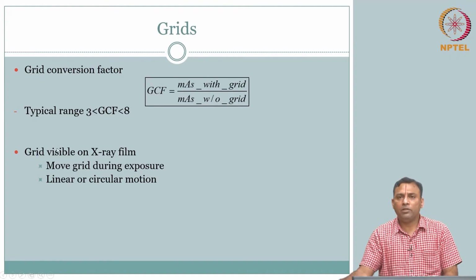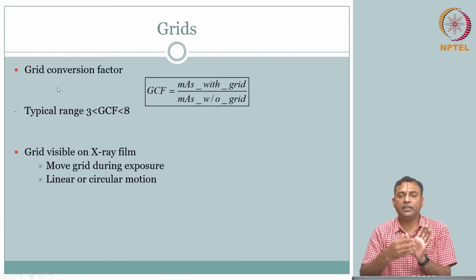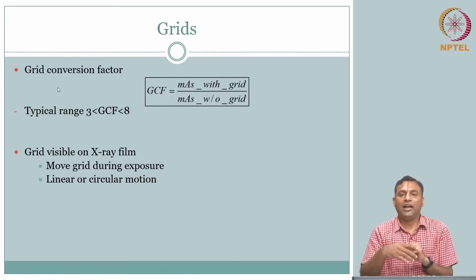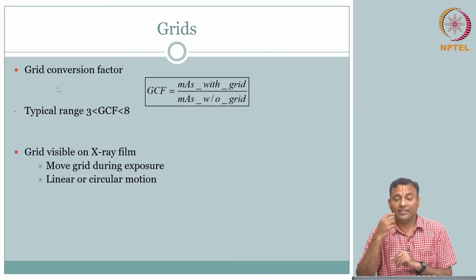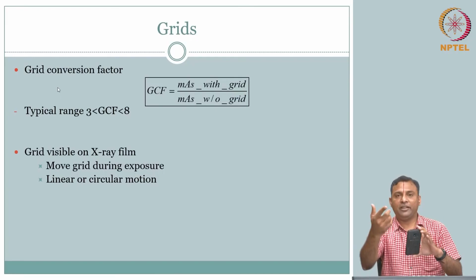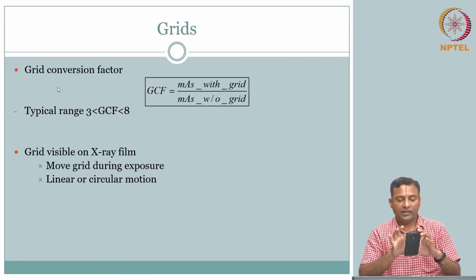So, another problem, apart from the grid conversion, because you have to increase the exposure, the other problem with the grids is you are going to have shadows. It is difficult to show because the camera is in front of me and will obstruct the shadow.